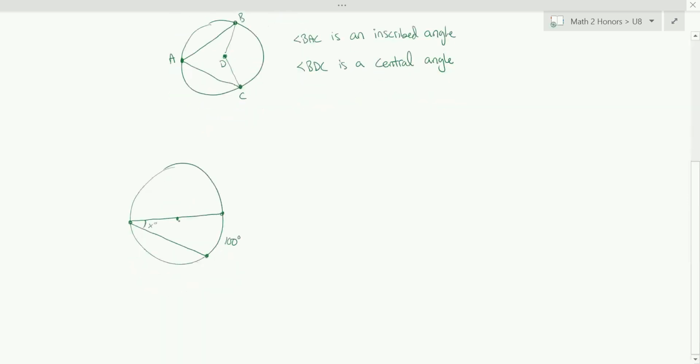What helps is if you draw your central angle, because we know a relationship between our central angle and our arc measure. So what is our central angle going to be here? 100 degrees. Okay. And so if we want to get to X, what would we do next?